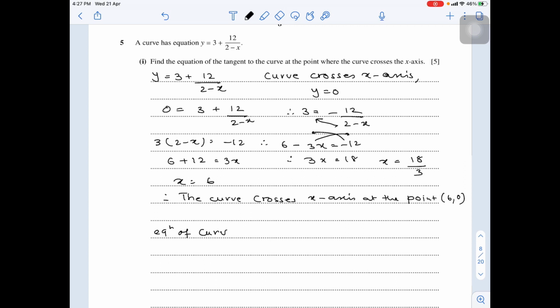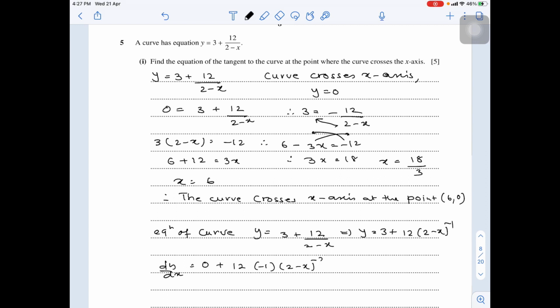Now, equation of the curve. Y equals 3 plus 12 over 2 minus x, which is y equals 3 plus 12 times 2 minus x to the power negative 1. We are trying to figure out the gradient.